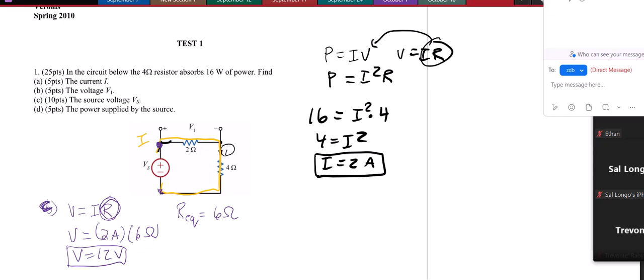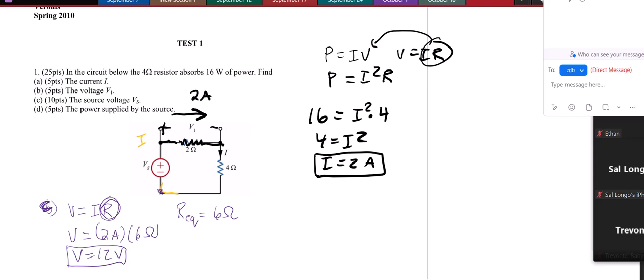And then part B says to find V1. Okay, so V1 is the voltage across a particular resistor. So to find V1, I've got the plus side and the minus side. I want the current going in the direction from the plus to the minus. Well, I have that. That was 2 amps.